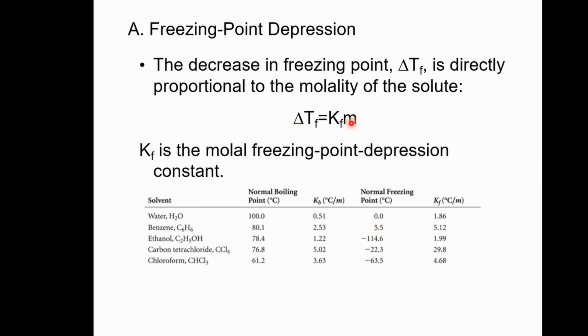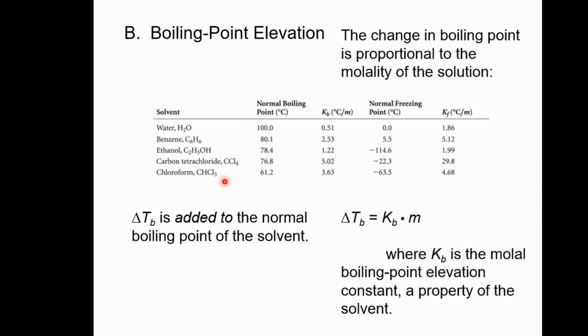If we have a 1 molal solution of sugar, we would go 1 times 1.86, and we'd get 1.86 for our delta T, and then we'd subtract that from 0, and our 1 molal sugar solution would freeze at negative 1.86. And you see here some other solvents.